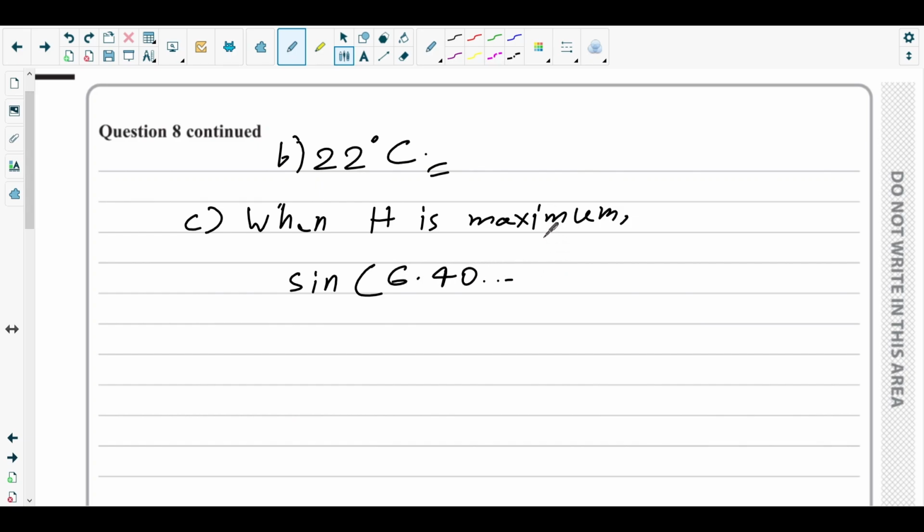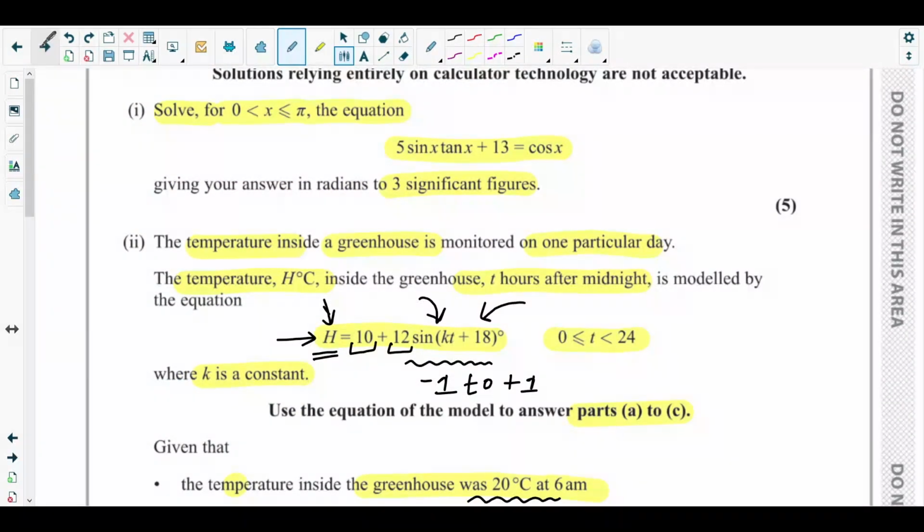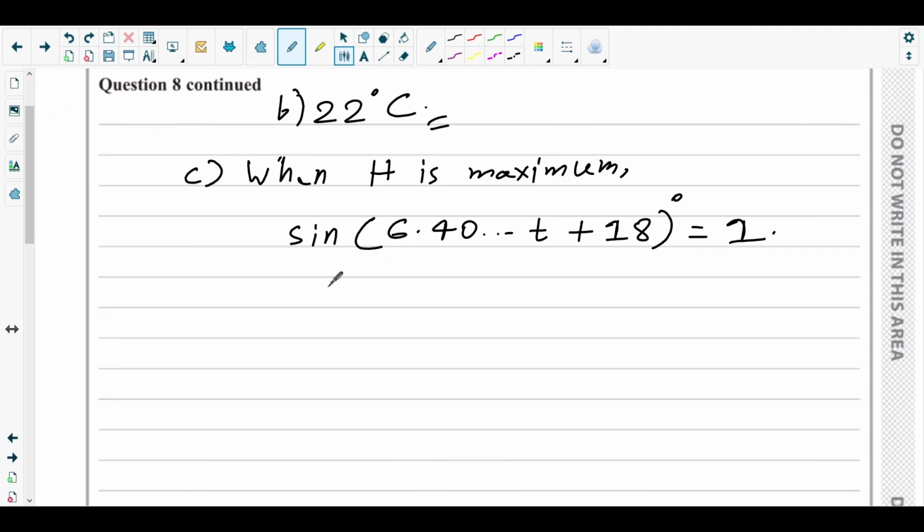I'm taking the exact value: kt plus 18 degrees equals +1. The value of sine theta should be +1. Is it kt plus 18? Yes, kt plus 18. So 6.40 something times t plus 18 is equal to 1.